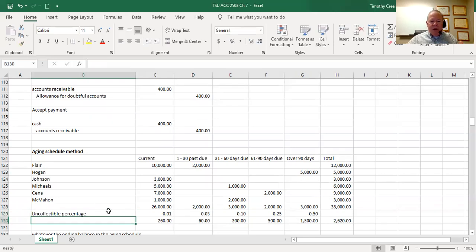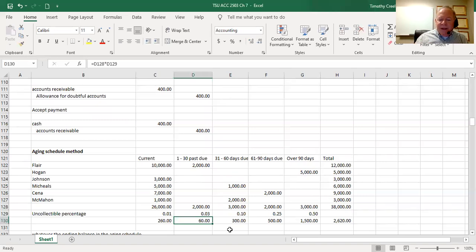This amount right here would be our uncollectible percentage. So notice that of the current amounts that are due to us, only 1% is deemed to be uncollectible. So 1% of 26,000 would be $260. Of the 1 to 30 days past due, $2,000, notice that 3% of this is deemed to be uncollectible, and that would be a total of $60.